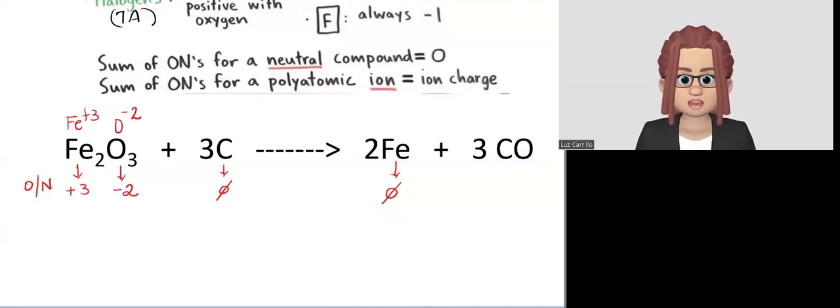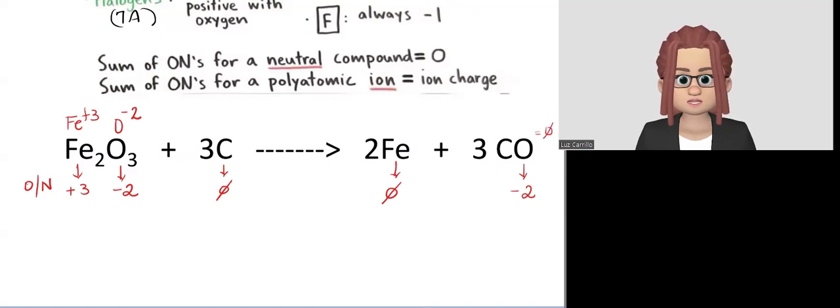Let's now move on to the product where we have a covalent compound, carbon monoxide. According to the rules that we just discussed, oxygen is going to be always -2. This is a neutral compound. And the reason why I know it's a neutral compound is because I don't have an overall charge here in the corner illustrated. So if I add the oxidation numbers of oxygen and carbon, it must equal 0.